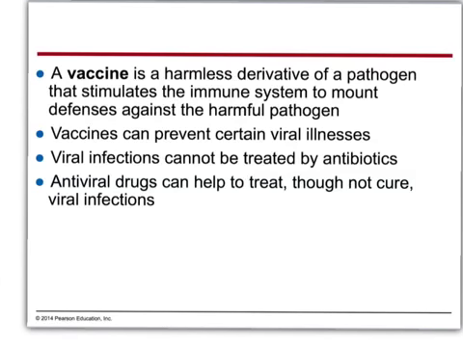We know what a vaccine is. It's a way of conferring immunity against the virus. You take a harmless derivative of a pathogenic virus that stimulates the immune system, and then you end up with an immune function, defenses against that pathogen.